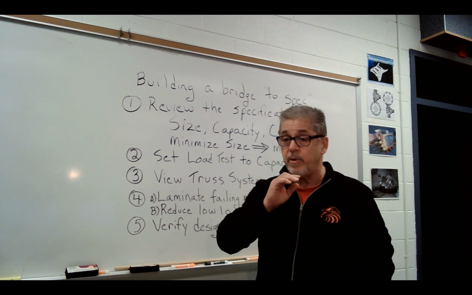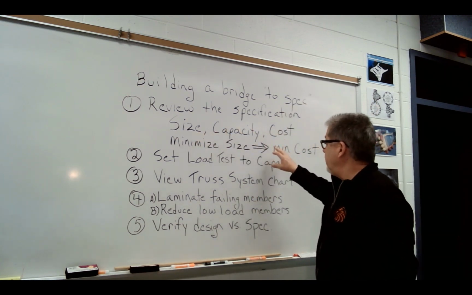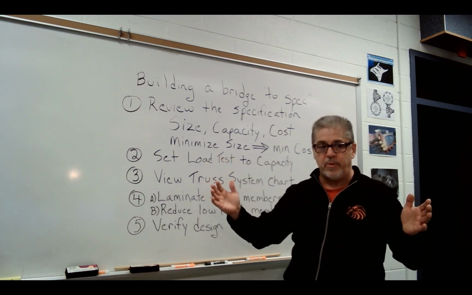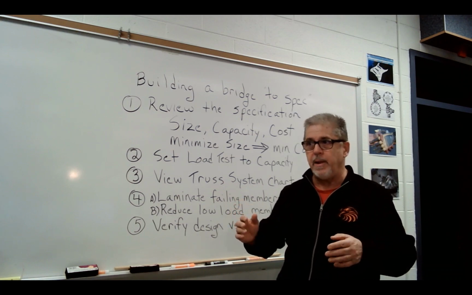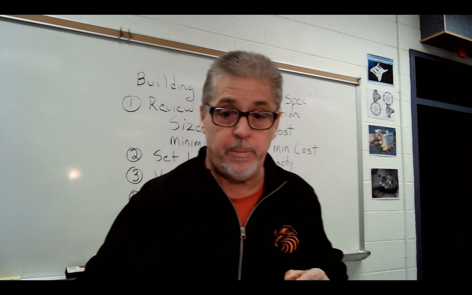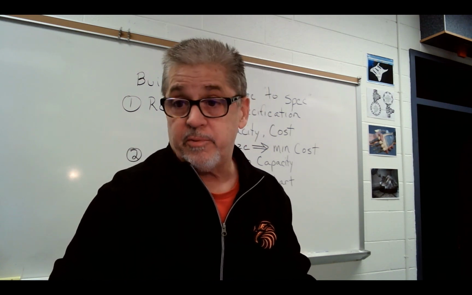It tells us how much we're allowed to spend. So size and cost have a very direct relationship because the larger a bridge is, the more materials you would use to build it, and it would cost more, okay? So that's the first thing we're going to pay attention to when we are looking at that spec, step one.